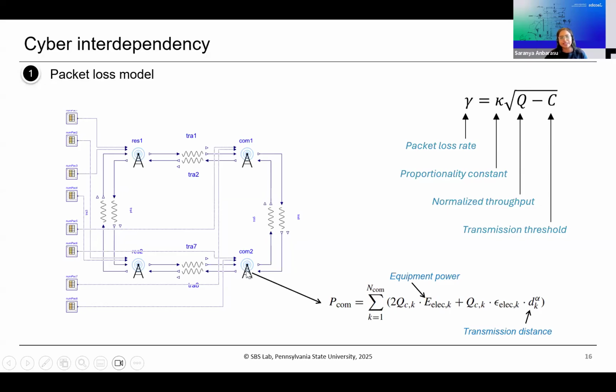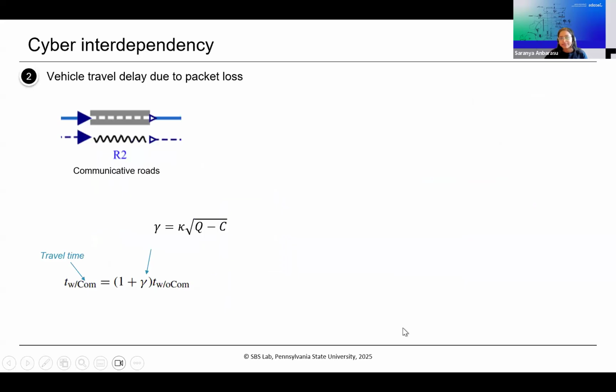In each of these blocks, or the communication towers that you see here, we calculate the power consumed for transmitting so many packets between blocks. That's calculated by these relationships, and it also includes transmission distance in the equations to assess how far you transmit and how much you are going to consume.